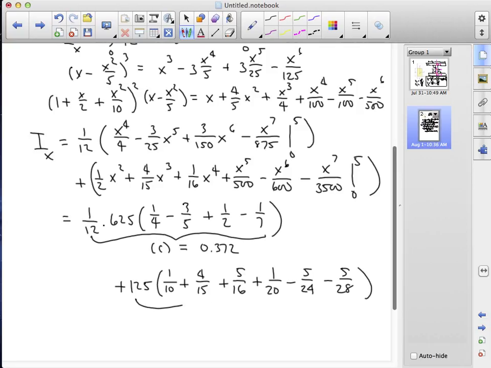And then this term is the sum of the parallel axis contributions from all of those differential elements, and that turns out to be 42.78 inches to the fourth. So clearly the parallel axis contribution is dominant, and that sum gives us the same result that we had before, which is that Ix is 43.15 inches to the fourth.